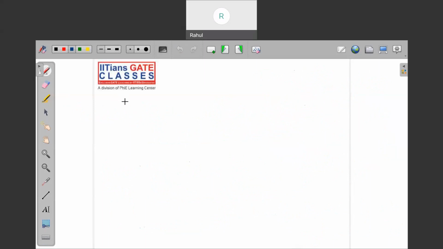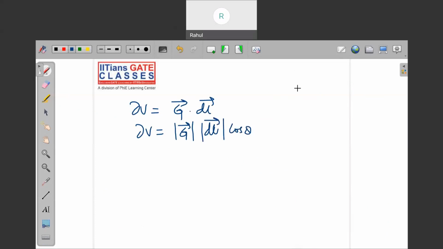Or you can say the gradient of that. So dv equal to gradient vector dot dl vector. Now what you can do here is take the magnitude, the magnitude of dl, and this can be written with cos theta, because as we know, a vector dot b vector can be written as the magnitude of a, the magnitude of b, cos theta.